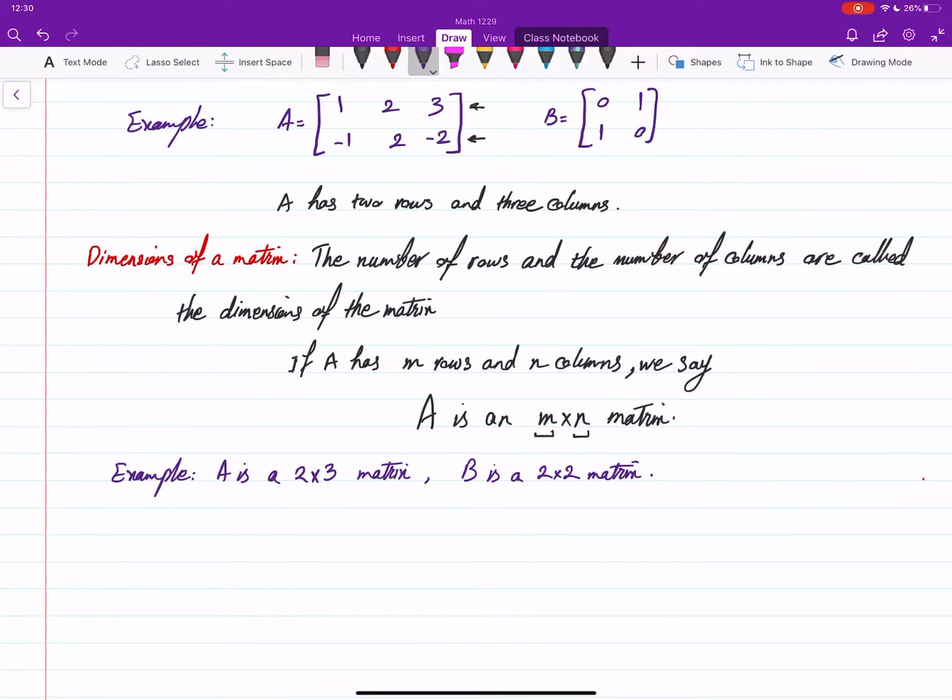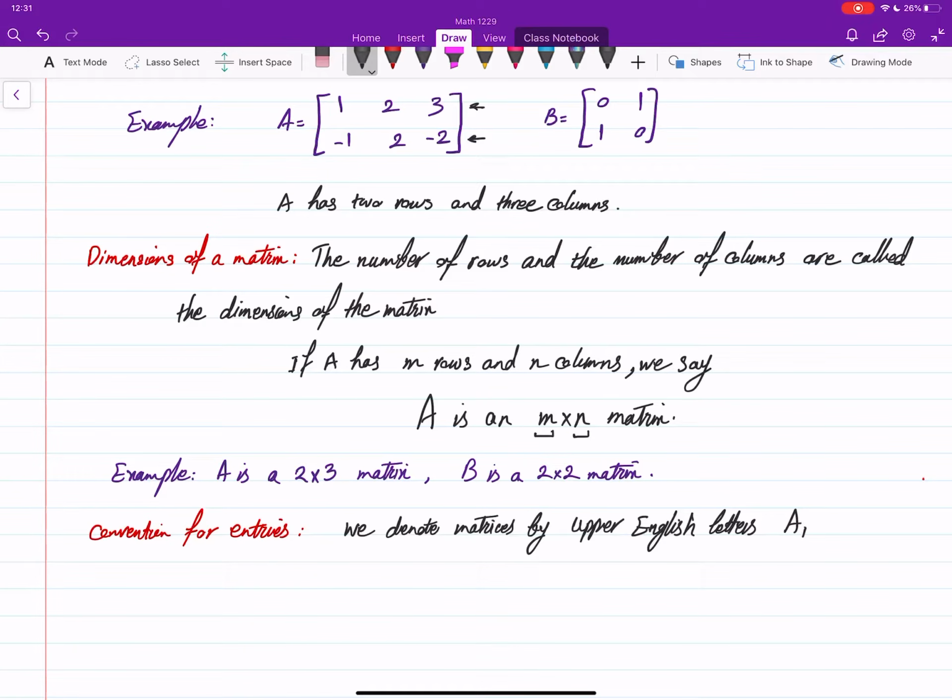We have a very standard notation for these entries. First, when you write matrices, usually we denote matrices by capital English letters, such as A, as you have already seen. I have been doing this: A, B, C.